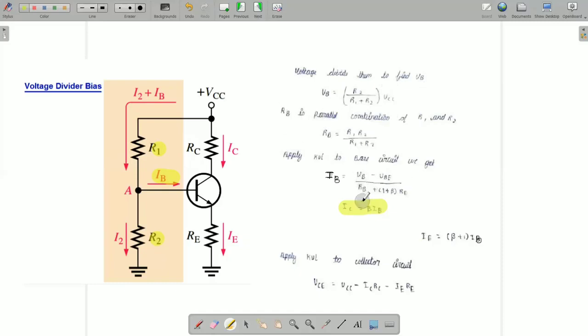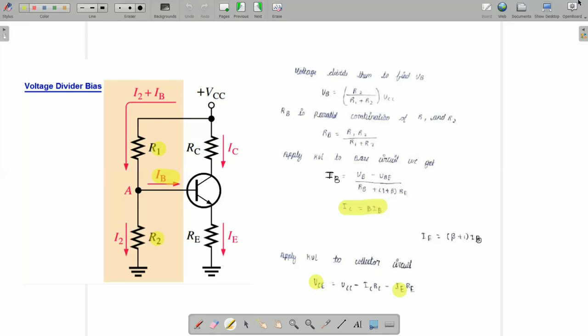Then RB is the parallel combination of R1 and R2, that is RB equal to R1R2 divided by R1 plus R2. To find VCE, we apply KVL to the collector emitter circuit. Here we need IE, where IE is equal to (beta plus 1) times IB.